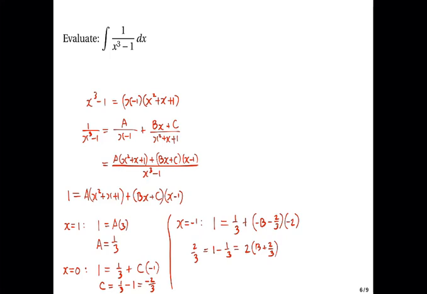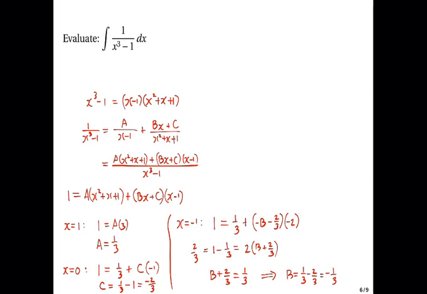We divide everything by 2 for this coefficient here to get b plus 2/3 equals 2/3 divided by 2, that's 1/3. So this gives us b equals 1/3 minus 2/3, and this is equal to negative 1/3. So we have the value for a, we have the value for c, we have the value for b.